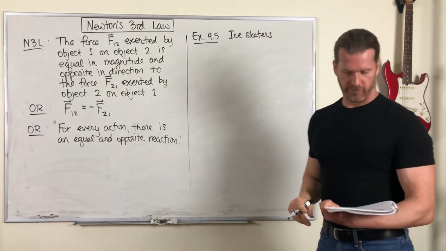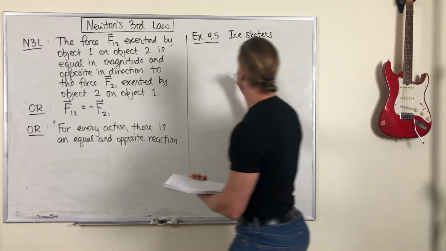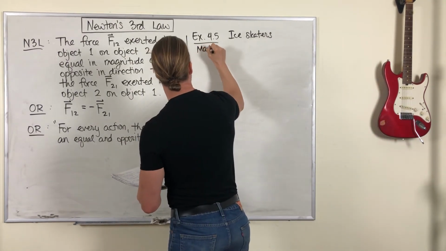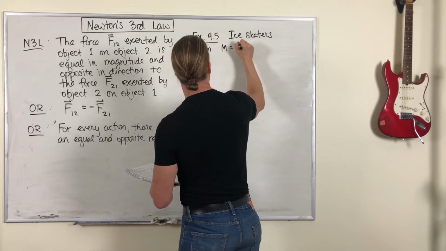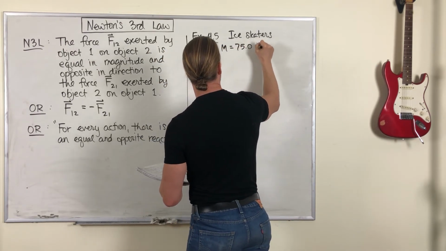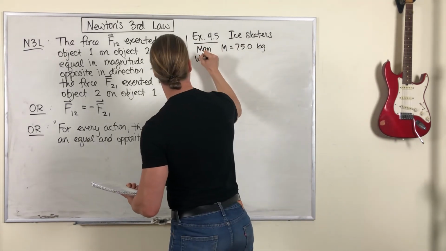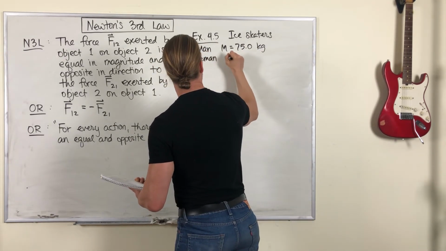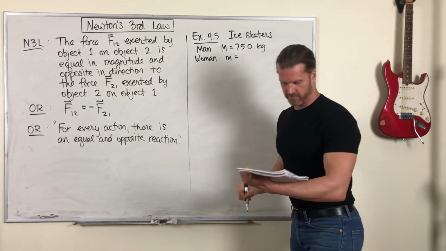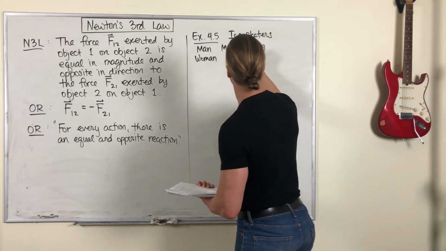In this example, there are two ice skaters, a man with mass 75 kilograms, and a woman with mass 55 kilograms.